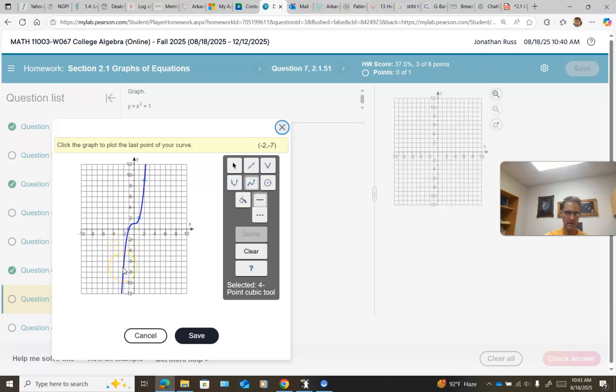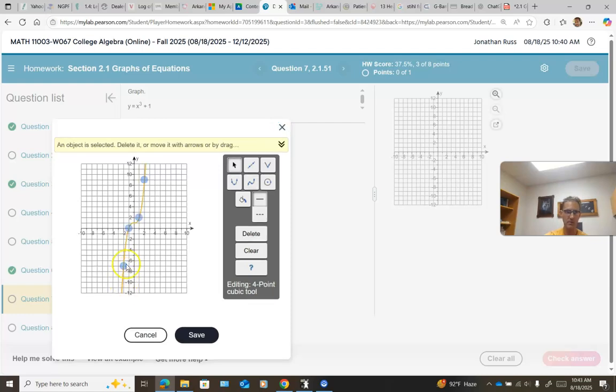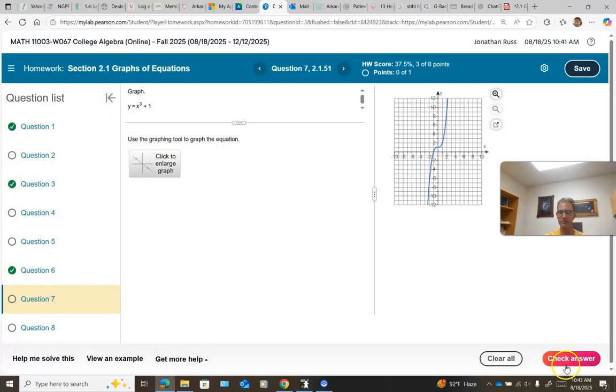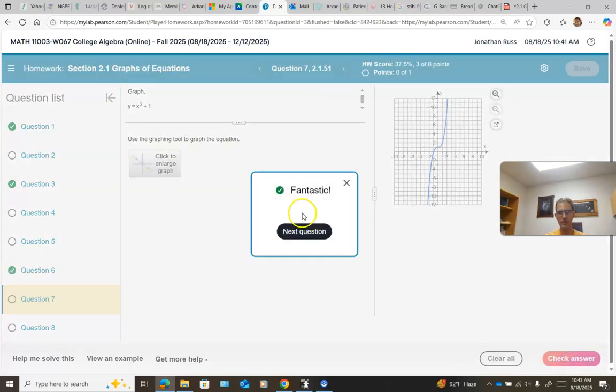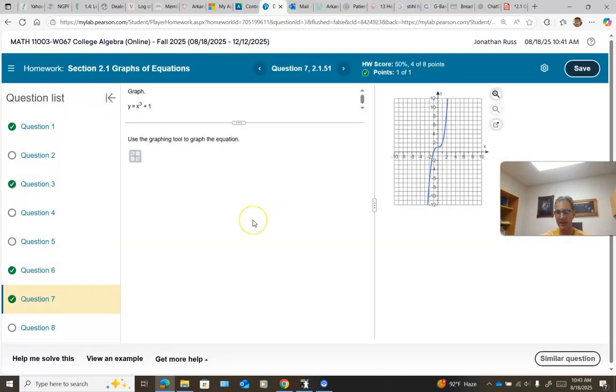And look, that creates this cubic shape, doesn't it? See how that has that characteristic cubic shape, kind of goes over, kind of levels out, and then starts increasing again. And you'll just click on save, check your answer, and we got it. Okay. All right, guys, so make use of that calculator.